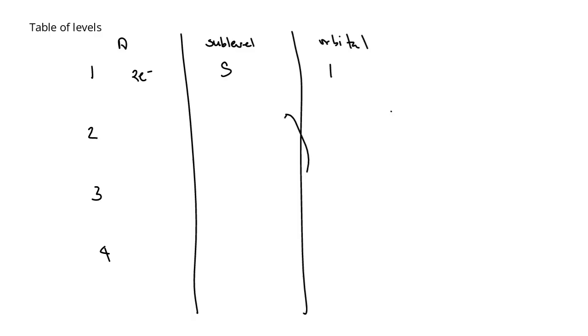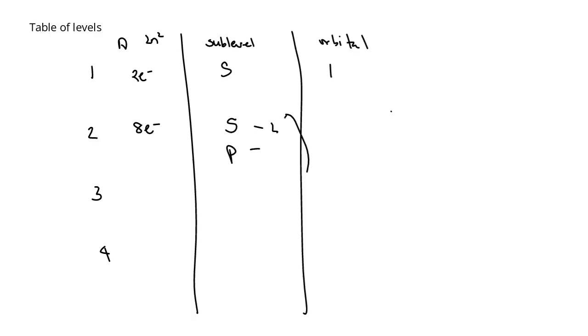Then we move on to level number 2. Level 2 can hold up to how many total? If you forgot, you can use that 2n squared. So if n equals 2, that's 2 squared, that's 4, times 2, that's 8 total, right? I know in the S I can put 2.